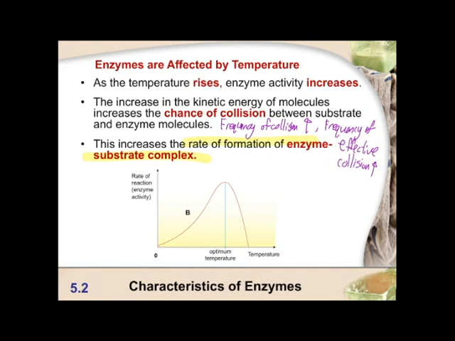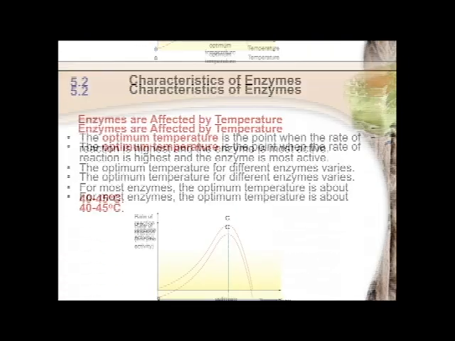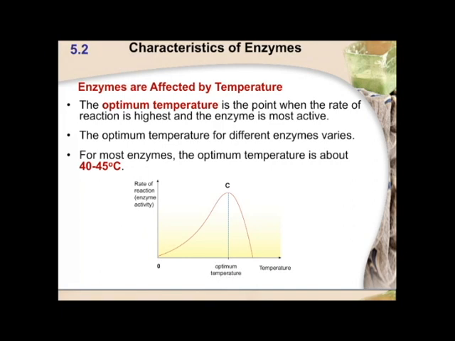Now, there is a particular temperature where this is the maximum amount of heat energy that you can supply such that this is the fastest rate of collision. Anything more than that will result in a decrease in the rate of reaction, and this is what we call the optimum temperature.